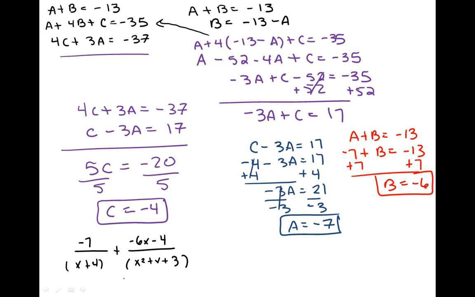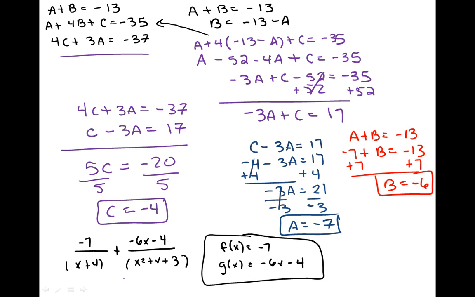I'm just checking over that to make sure I did it. Okay, so that means f of x equals negative 7 and g of x is equal to negative 6x minus 4. That's how Lumen would want you to plug those in.